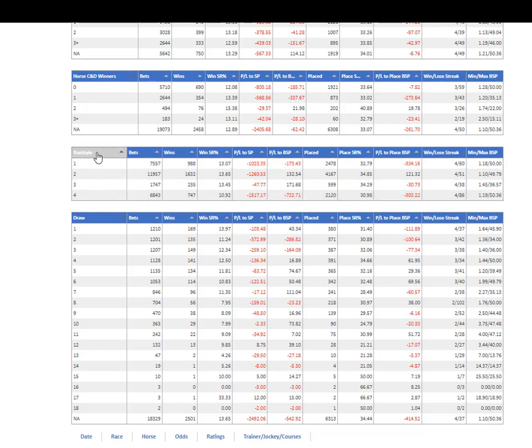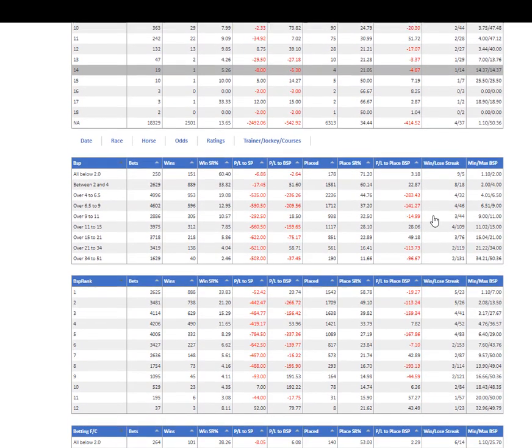This is the run style, it's the pace figure. 1 is horses that led, 2 is for horses that ran behind the leaders, 3 horses that ran in midfield, and 4 are held up horses. So held up horses really are costing us a lot of points on this system.